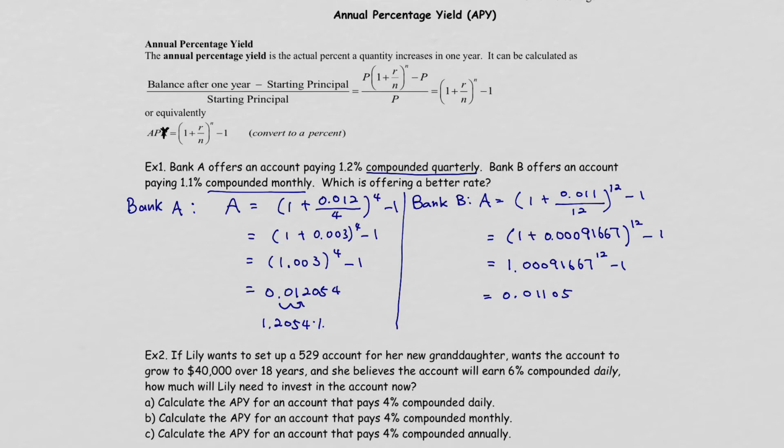If you want to change that to a percent, you will get 1.105%. So when you're comparing these as percents, you can obviously tell this one has a higher rate. So we say Bank A offers a better rate.